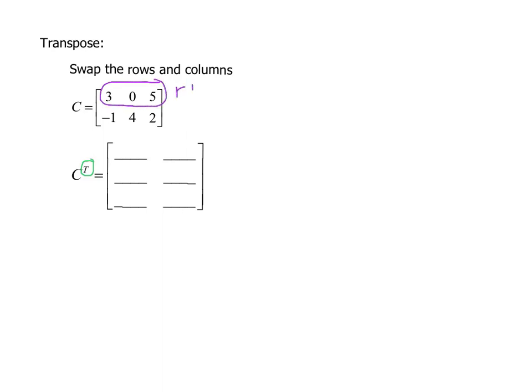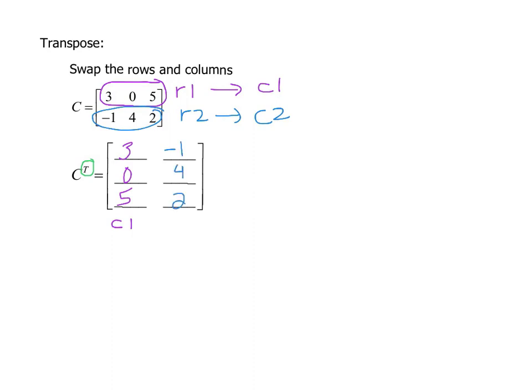So this is row 1. This is going to turn into column 1. It's going to go here in column 1. So I'm going to have a 3, 0, 5. This is our row 2. It's going to go to column 2. So we're going to have -1, 4, 2.